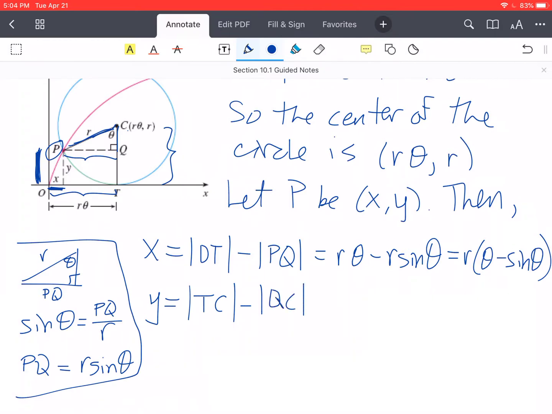So TC, that whole segment there, that's just r. And then minus QC, this we can find again using trigonometry. This time we'll use adjacent over hypotenuse, which is cosine. So that gives us minus r cosine theta. Okay, and then factor out the r, you get r times 1 minus cosine theta.